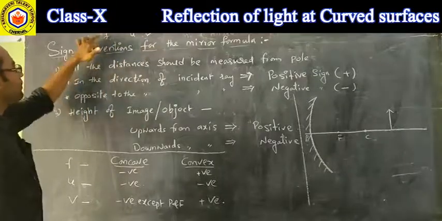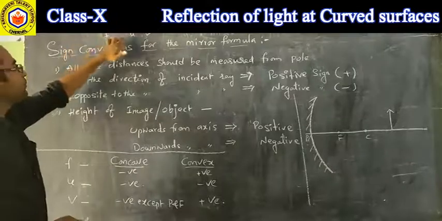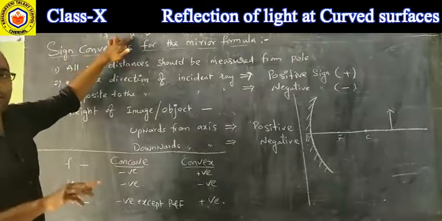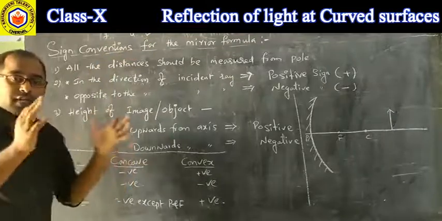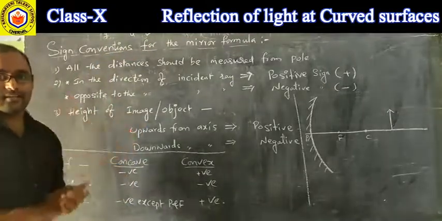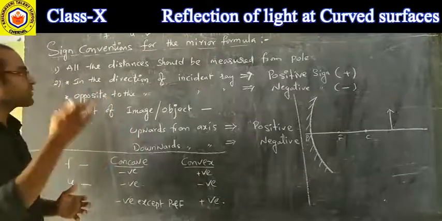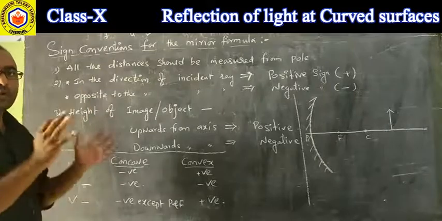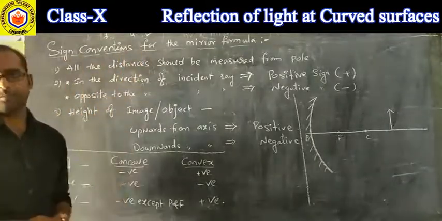Focal length should be taken positive or negative, object distance positive or negative, image distance positive or negative, so that should be known. For taking those signs we have some rules. Those are called the sign conventions for the mirror formula.